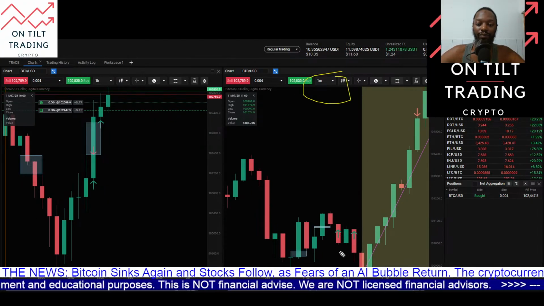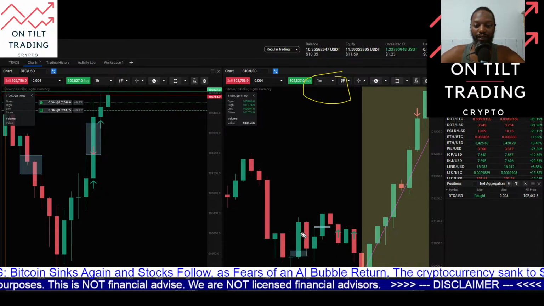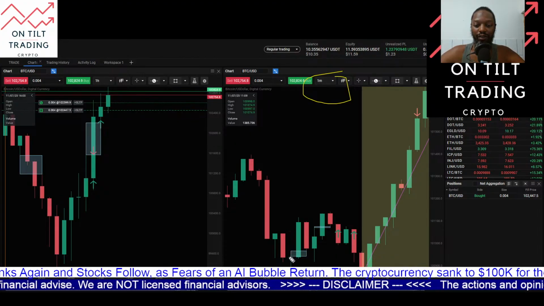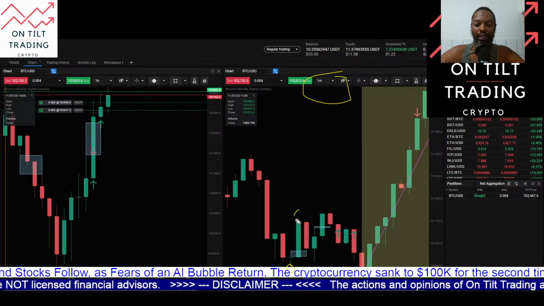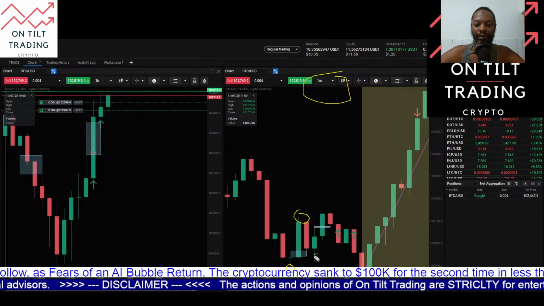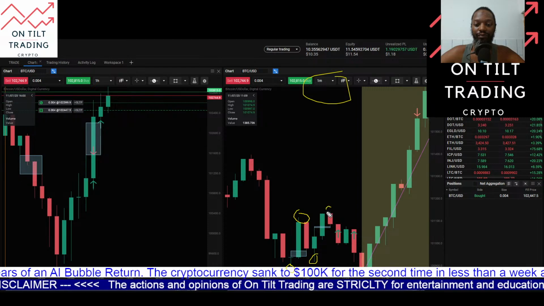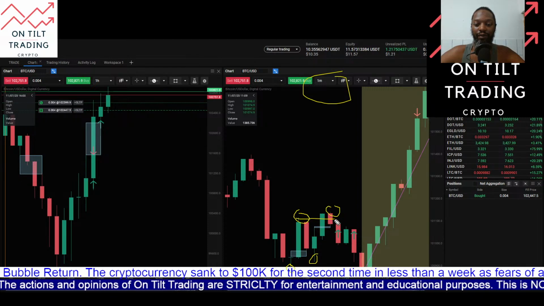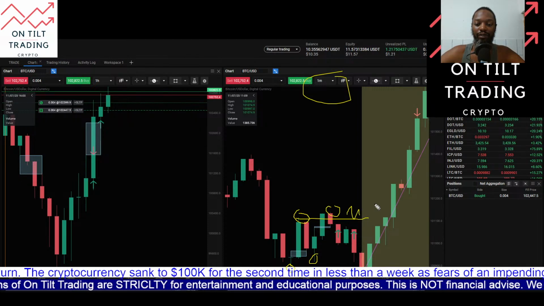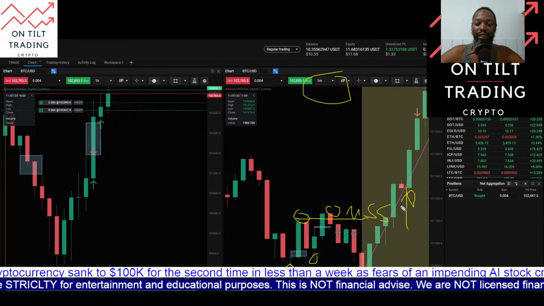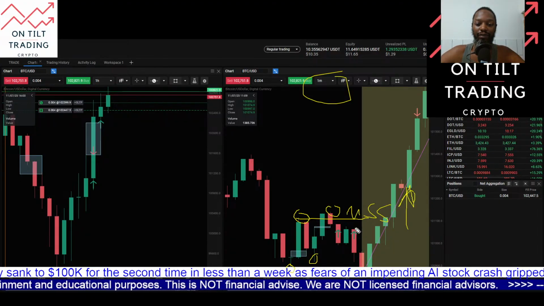And we're here on the 1 minute still, we get this price action here where there's a low, a high, a higher low, higher high, and here we get a market structure shift to the buy side right here at this level.